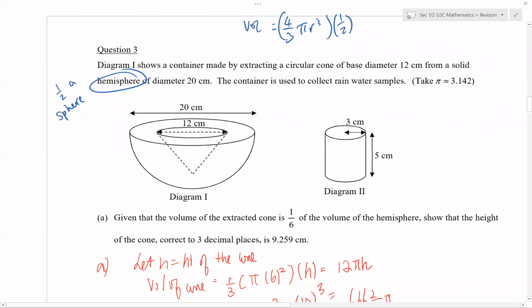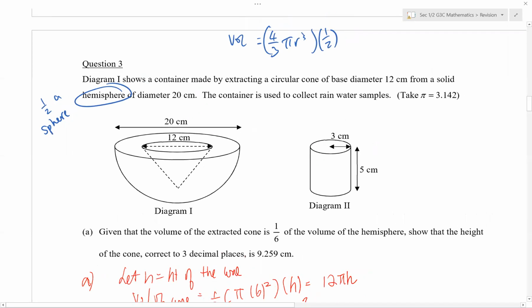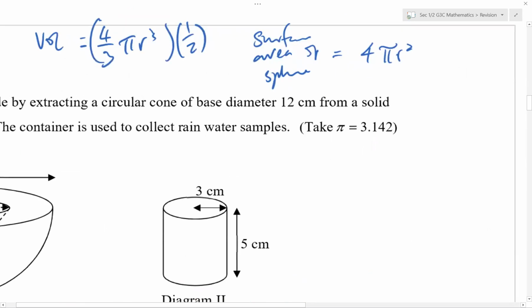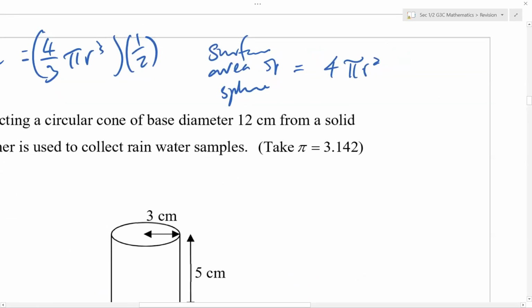And then the next one, where we have surface area of a sphere. Even though the formula 4 pi r square is given, when it comes to hemisphere, for surface area, it is not just half of 4 pi r square, because this is going to give us only the curve.